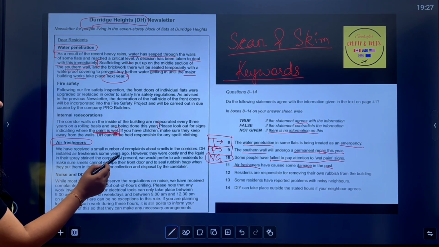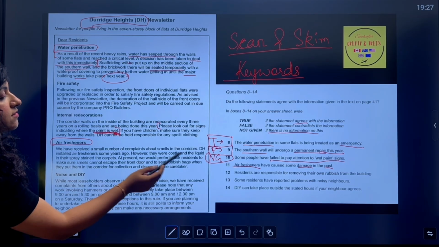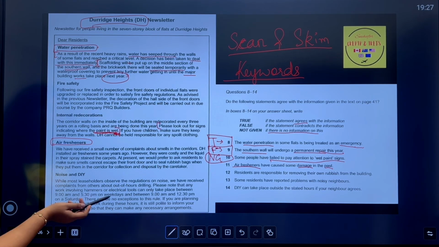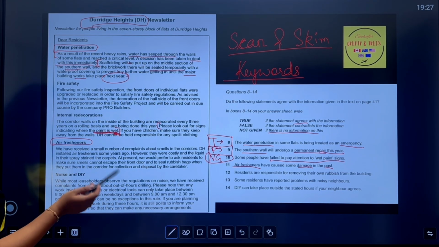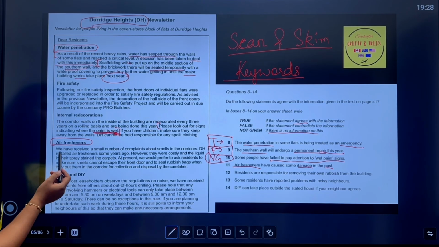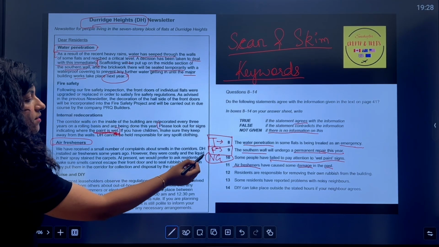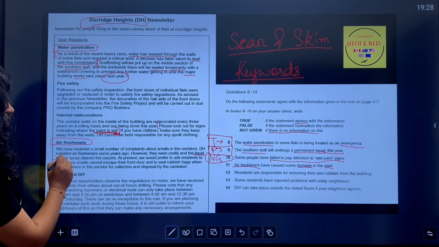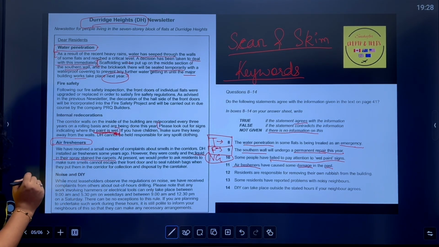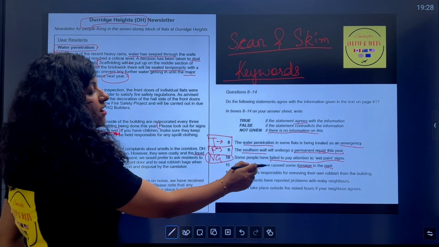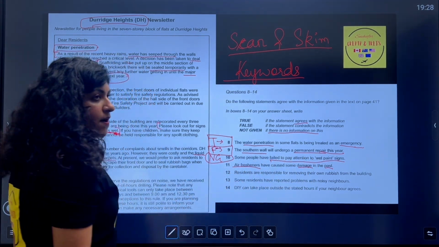We have received a small number of complaints about smells in the corridors. DH installed air fresheners some years ago. However, they were costly and the liquid in the spray stained the carpets. Liquid in air freshener stained the carpets. Air fresheners have caused some damage in the past.